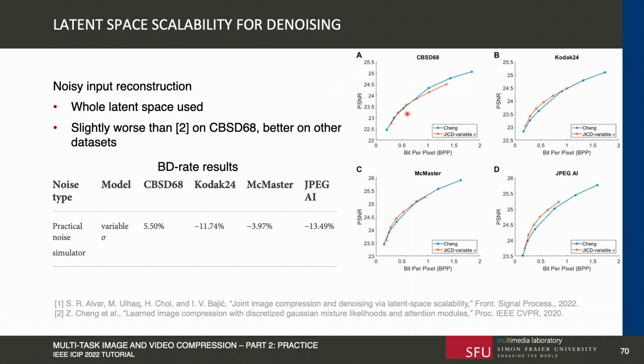As you might expect, the performance is fairly similar across different datasets. There's a slight BD bitrate loss on one of the datasets that includes the low resolution images and some gain on the three other datasets. But overall, the performance is quite close to the default Chang 2020 backbone.